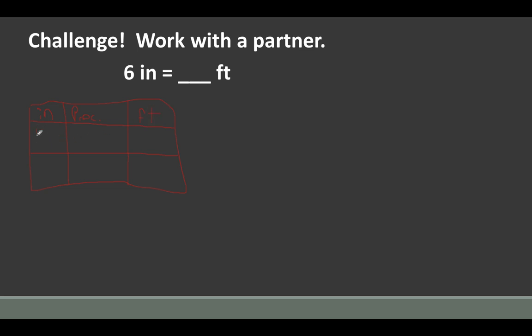If I know that 12 inches is equal to 1 foot, and I have 6 inches, and I need to know how many feet, I know that I have to divide 12 divided by 12 to equal 1. So that means that I need to take 6 and divide it by 12.